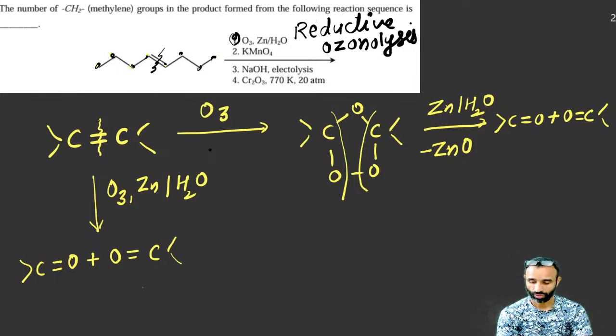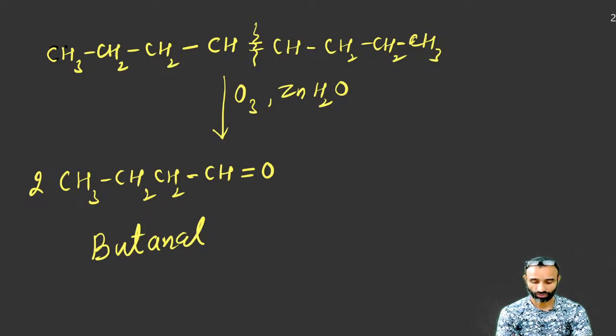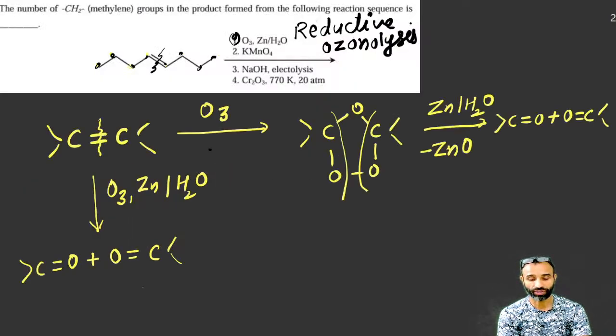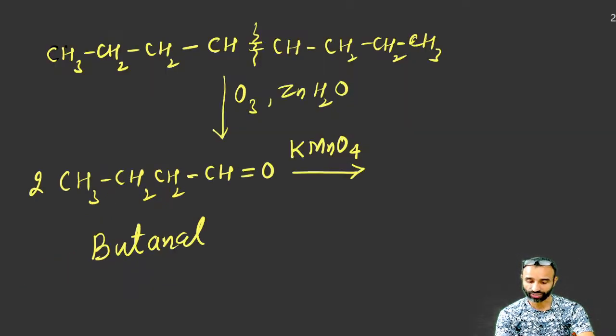Now, this butanal is treated with KMnO4. So you know when KMnO4 reacts with an aldehyde, what is the nature of KMnO4? It is an oxidizing agent.